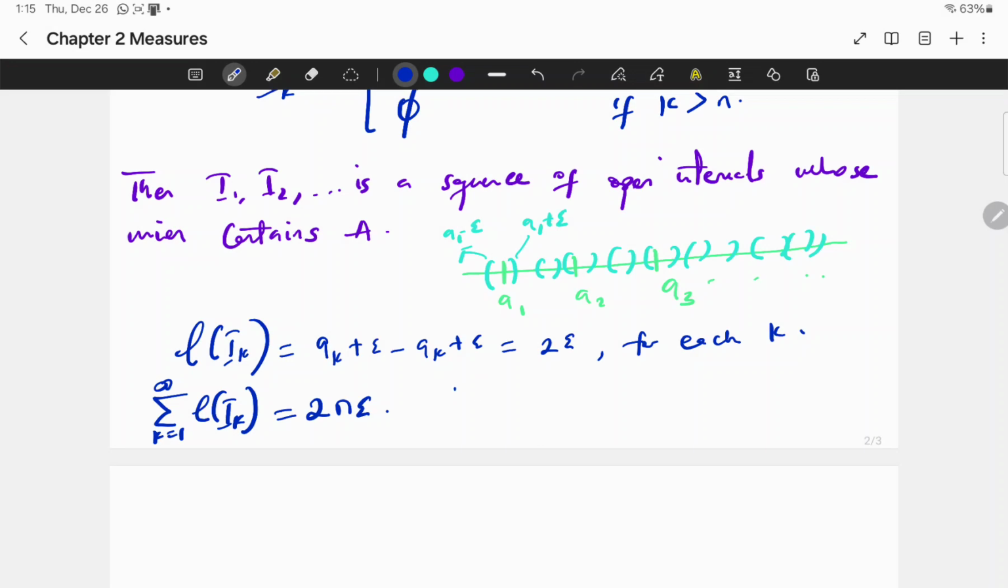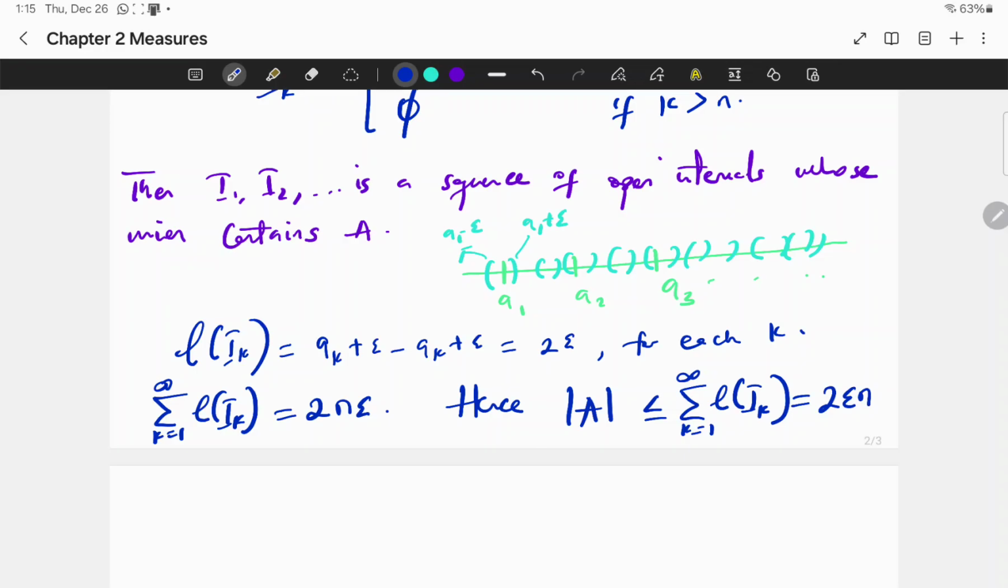So if we now take the infimum, the outer measure of A is always less than or equal to the summation of k equals 1 to infinity of the length of IK, and that equals 2 epsilon n.